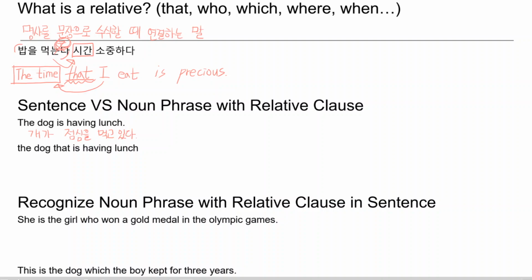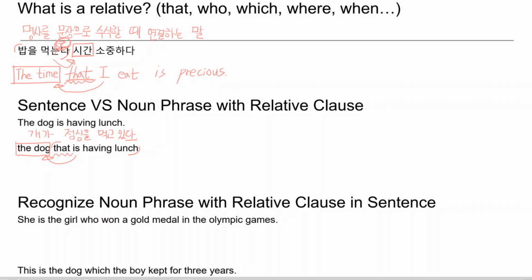So it ends with 다, and it is a sentence. But when we have this that or some other relatives, we cannot say 걔가 점심을 먹고 있다. Now we have to mark it like this, and we have to modify the noun, 수식.